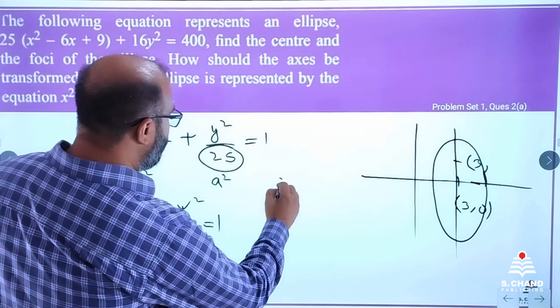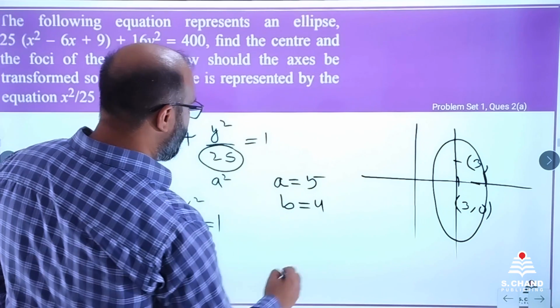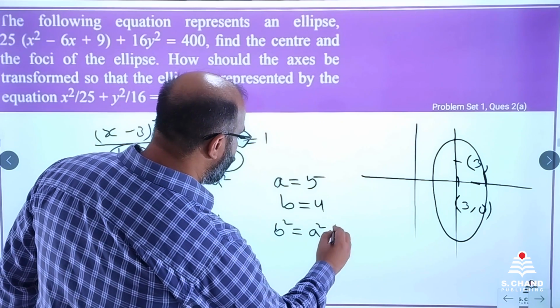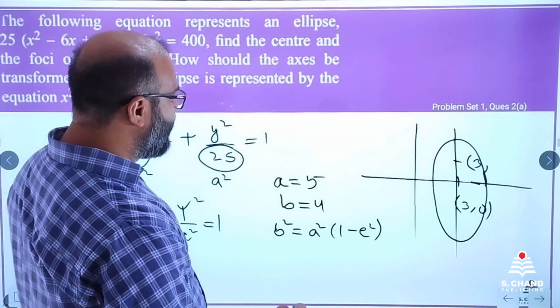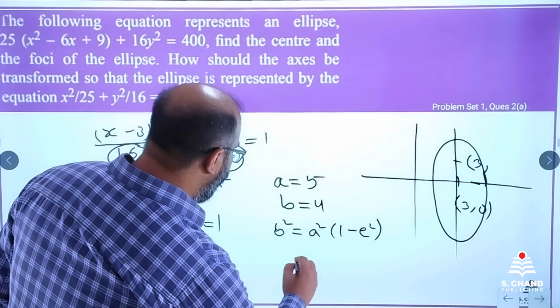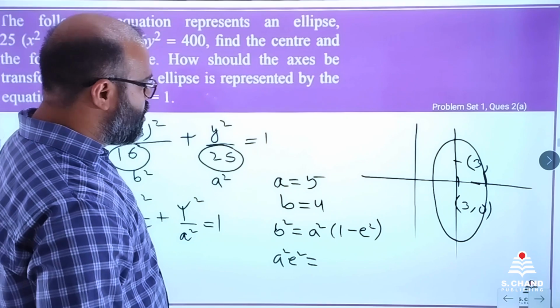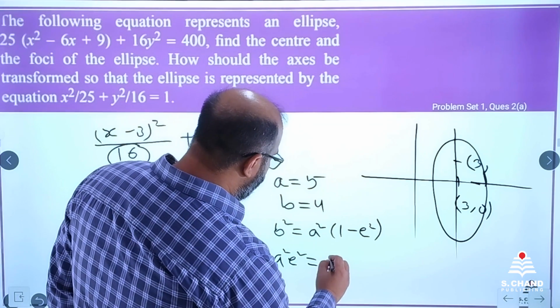So a is 5, b is equal to 4, and for eccentricity, b square is equal to a square into 1 minus e square. So if you want to find AE actually here, AE will be, a square e square will be equal to a square minus b square, which is 9.